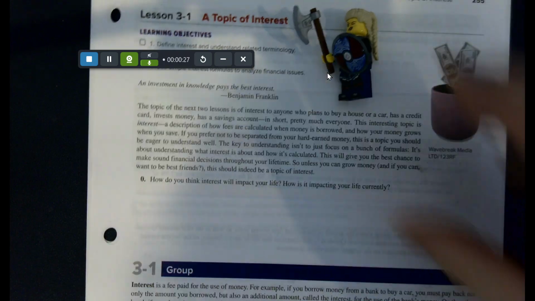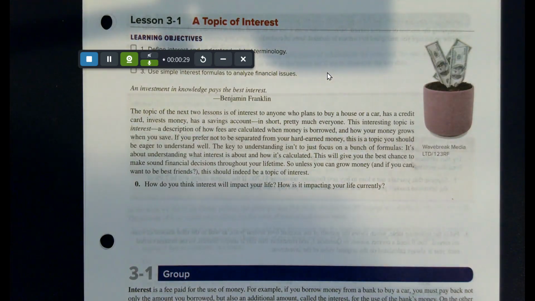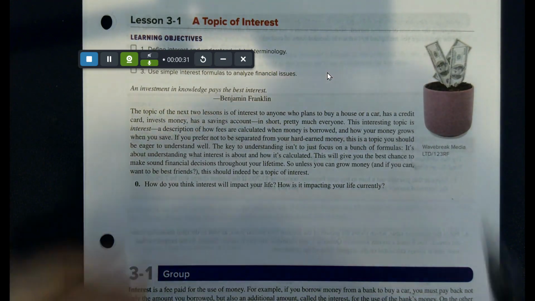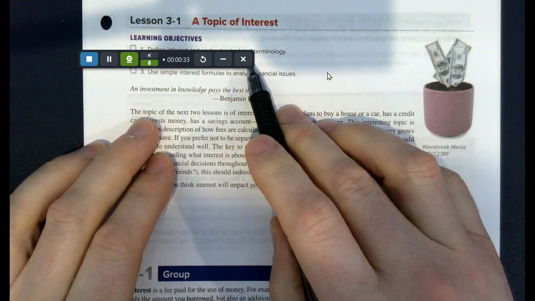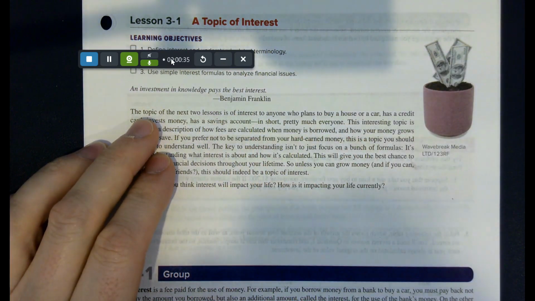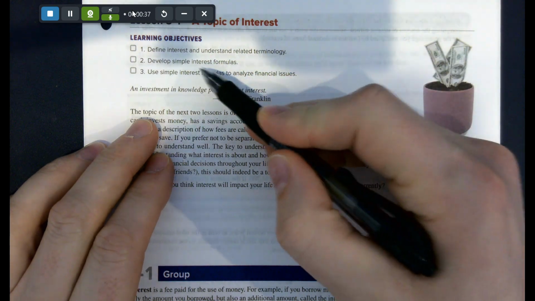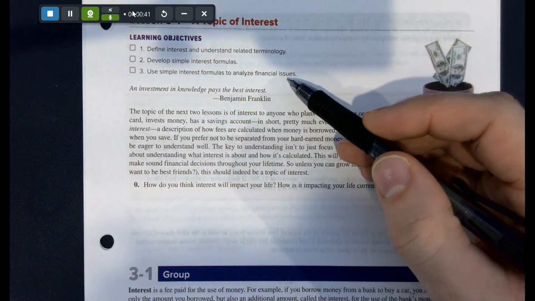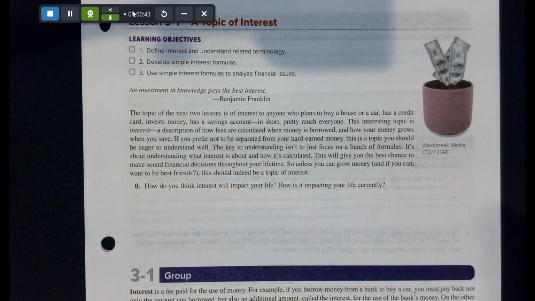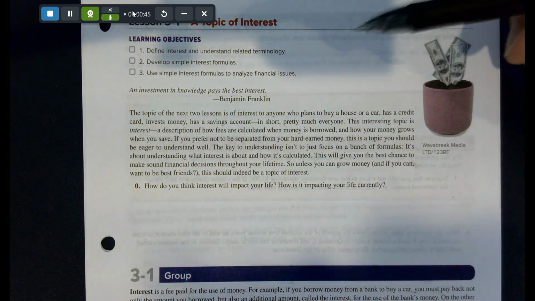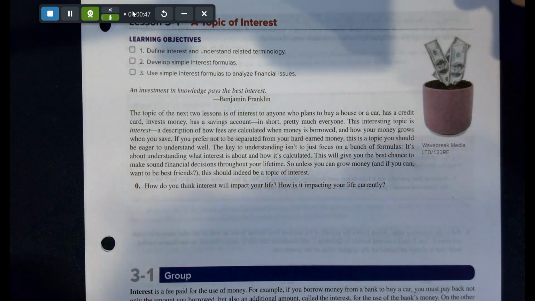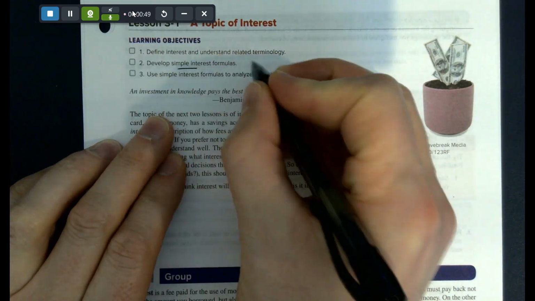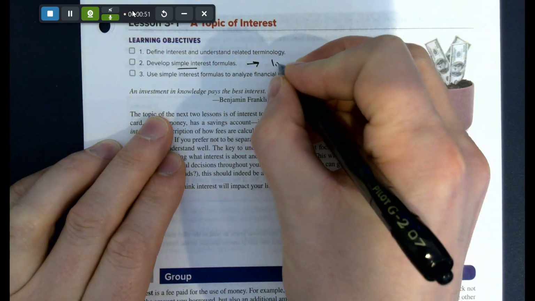And what's happening in 3.1 is we're looking at a nice definition of interest and its related terminology, as well as developing the simple interest formulas. And then we're going to use the simple interest formulas to analyze various financial issues. Now, we already know that simple interest was modeled by linear equations.